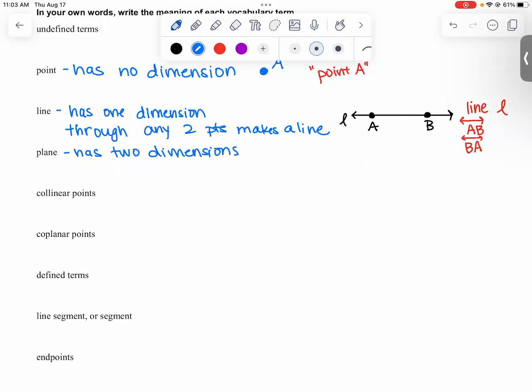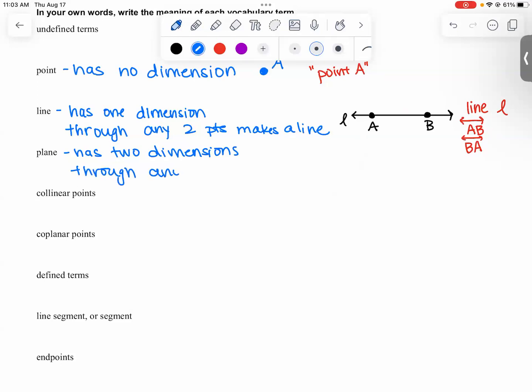The wall is a plane. The floor is a plane. Your folder is a plane. Now, I know that it has some thickness. I know it's a 3-dimensional object, right? But if we just talk about the surface of the wall, that's a plane.